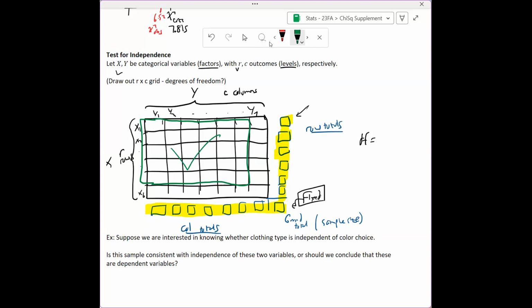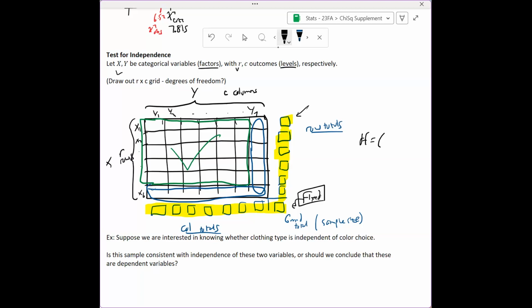These can be free to change, as long as I leave one column and one row to give me enough flexibility to meet all of those row and column totals, which are fixed. Or in other words, I can choose C minus 1 columns and R minus 1 rows however I want.